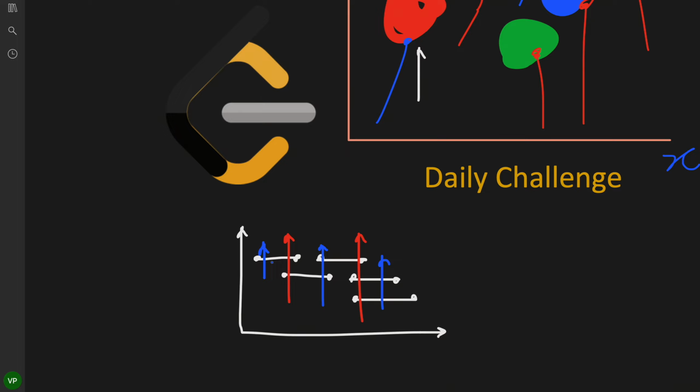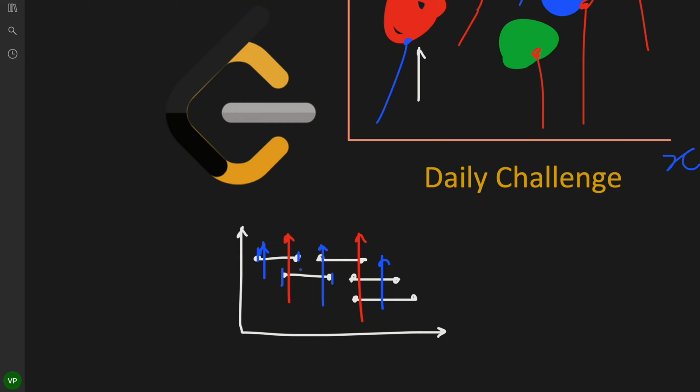But in this diagram we can see that it is very easy if we put all the balloons that are close together nearby each other. This balloon starts at this point and ends at this point. Similarly, this balloon starts at this point and ends at this point. We are keeping the balloons together which are together. So this is one thing we can note.